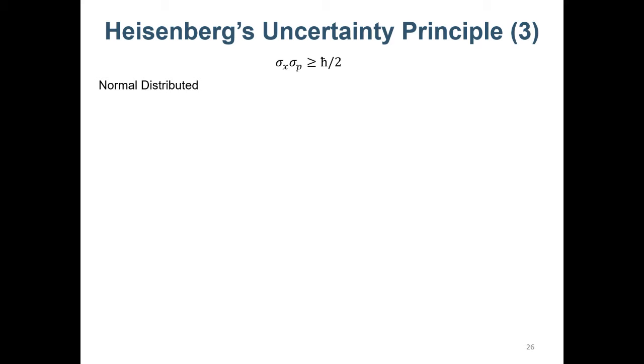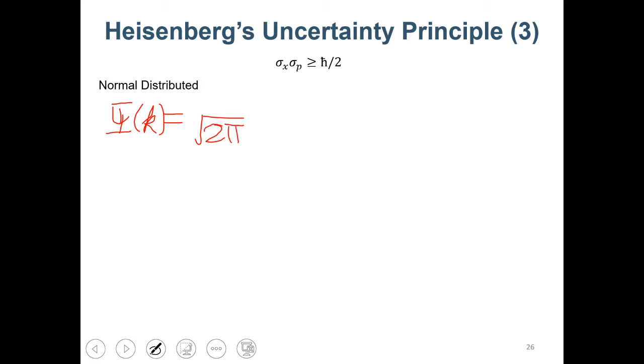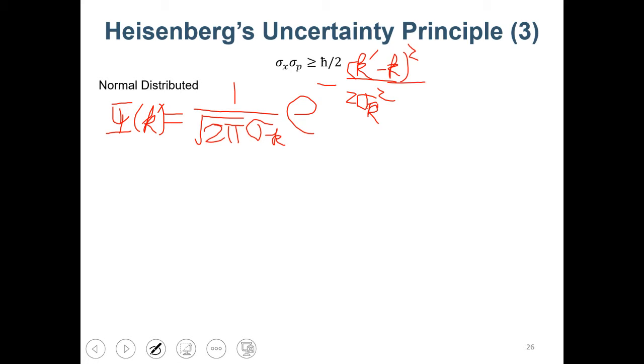So if you assume that the phi in the k domain is a normal distribution, it will be equal to, say, 1 over the square root of 2 pi sigma k, exponential to minus (k prime minus k) square over 2 sigma k square. So this is the normal distribution.